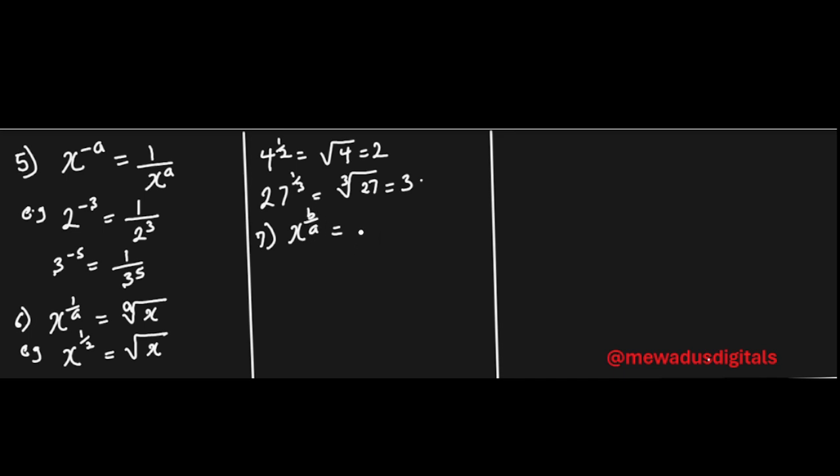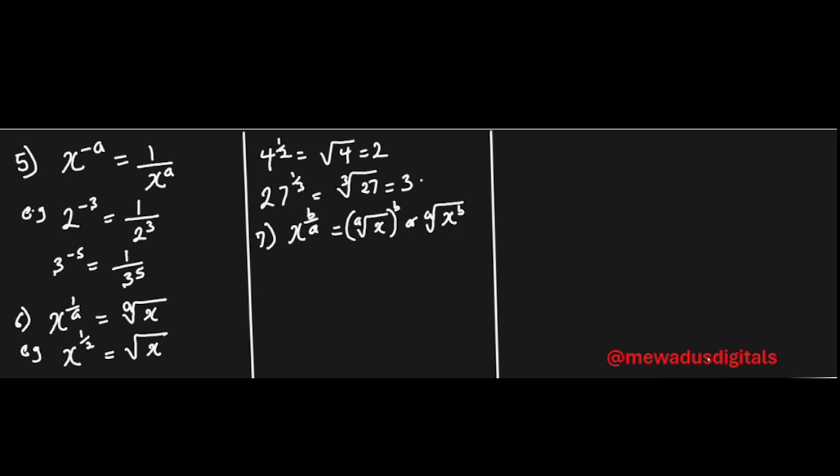If you have this kind of case, it's going to be the a-th root of x all raised to power b, or we are going to have the a-th root of x raised to power b. So this is this case. Let's take an example to simplify that. Before I proceed, let me explain again.